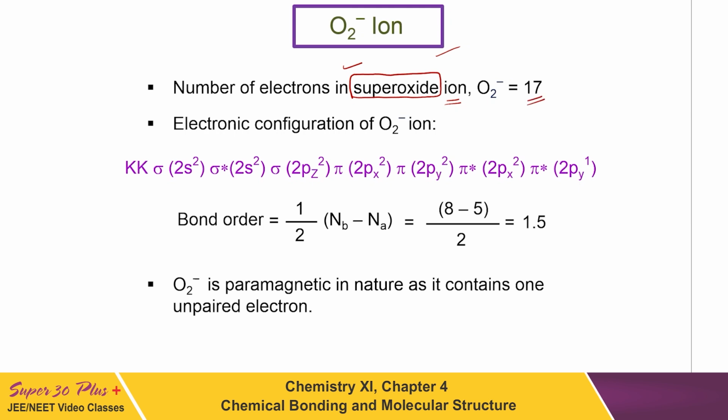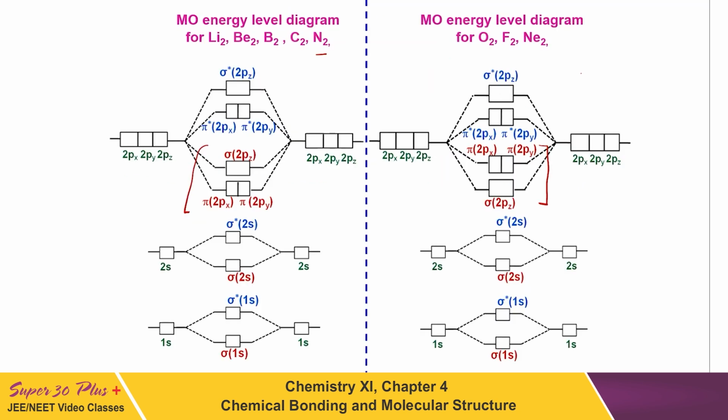According to molecular orbital theory and the MO diagram, you know the MO diagram of O2, this was the MO diagram of O2. Now, if you have to fill the 17 electrons in this MO diagram, how will you do that? 1, 2, 3, 4, 5, 6, 7, 8, 9 and 10.